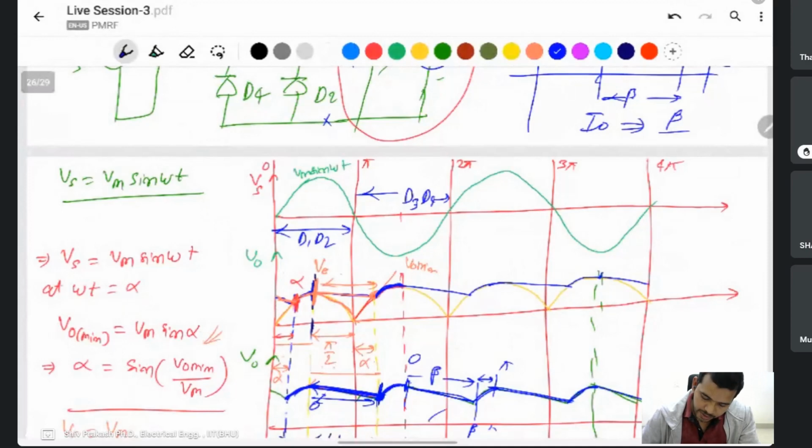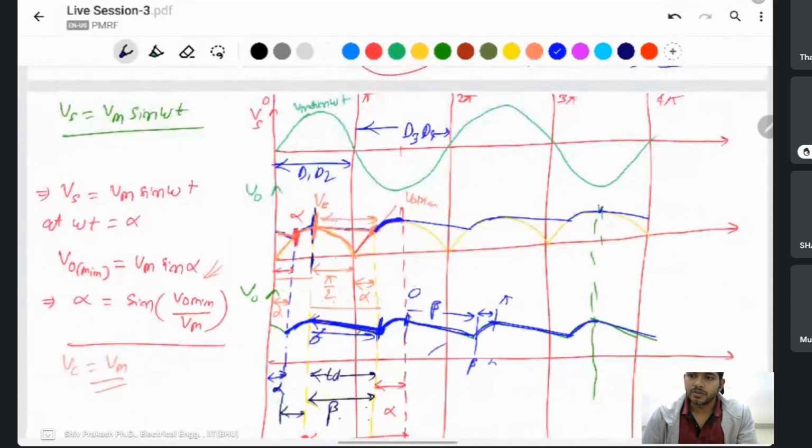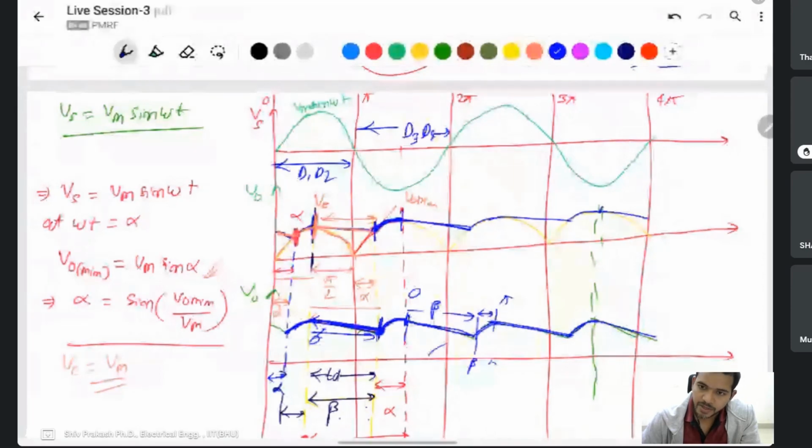But here the diode is present only this time period. Look here, all the time this capacitor is present. The capacitor charges, the capacitor gives the supply to the load, and the capacitor charges only this time period. And at this time period only a diode will turn on. The diode conducts only for this one time period.